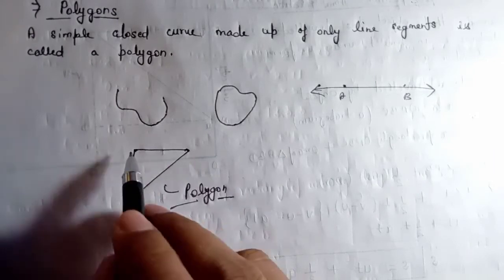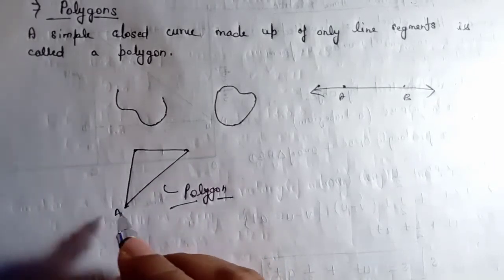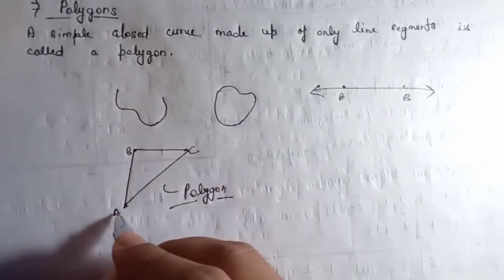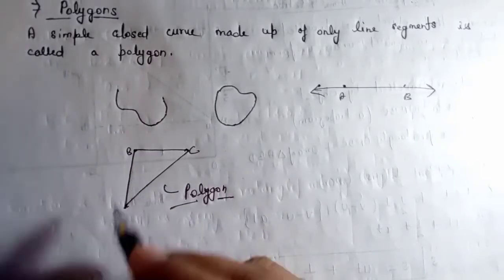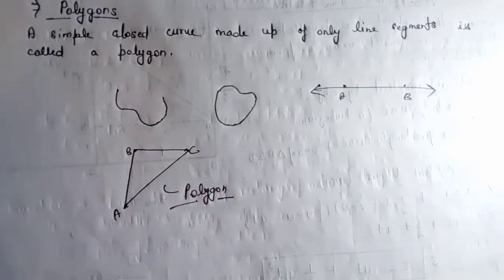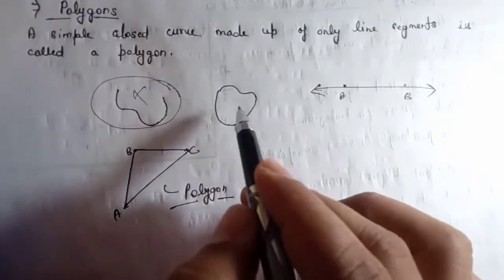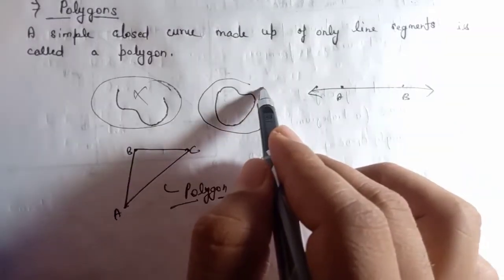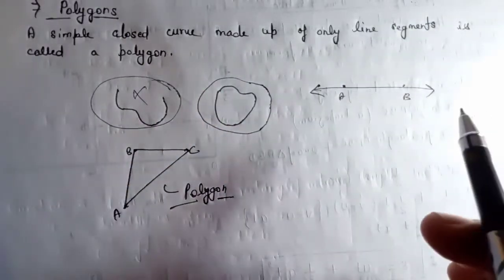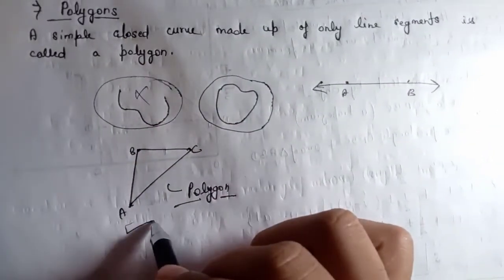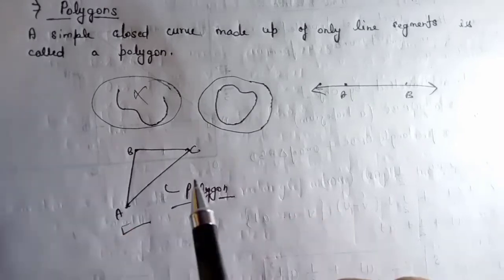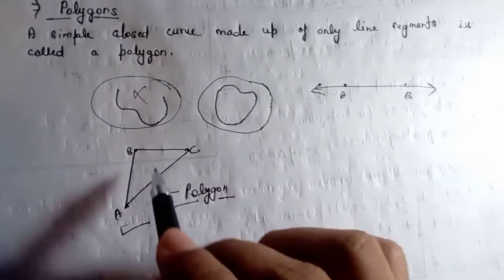You can see here it is closed and it is made up of line segments, which is AB, BC and AC. Here this curve is not closed, so this is not a polygon. This one is closed, but it is not made up of line segments. This is a closed simple curve and this is a polygon which is made up of line segments.